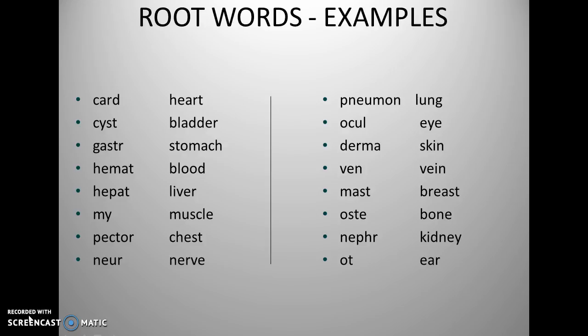So you have card, which means heart, cyst, which means bladder, gastr, which means stomach, hemat, blood, hepat, liver, my, muscle, pector, chest, neur, nerve, pneumon, lung, ocul, eye, derma, skin, ven, vein, mast, breast, ost, bone, nephr, kidney, and ot, ear. Okay? And as we go forward, we'll put that together.